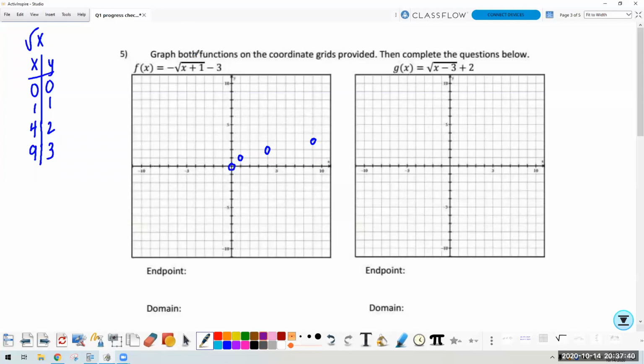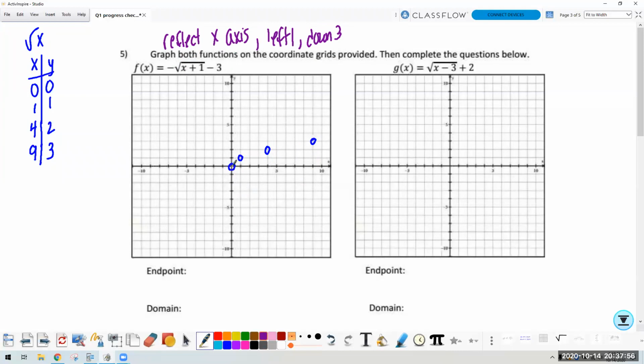And then if I think of the transformations on this graph, we have reflect over the x-axis, left 1, and down 3. So I'm going to take all 4 of these points through all of these reflections.